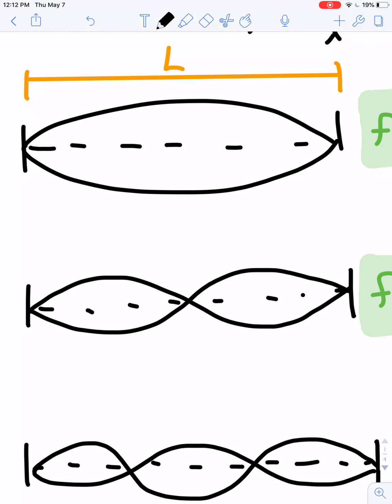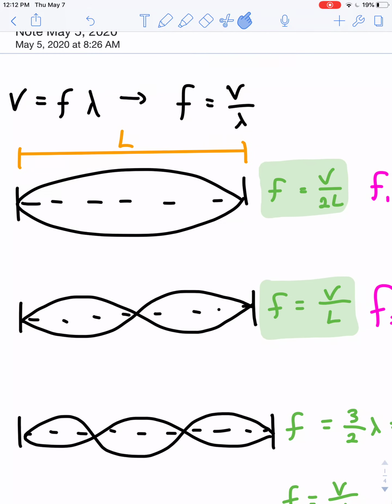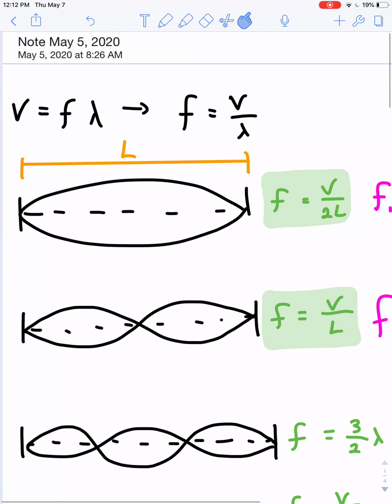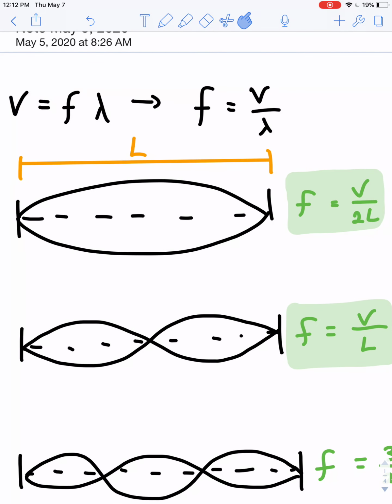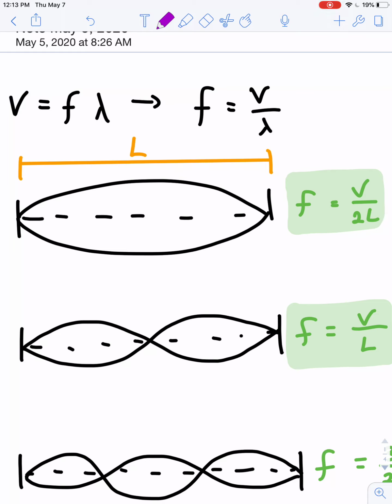All right, so we have the frequency for the first one. This could equal the velocity divided by 2L. Now 2 times the length, for our first one, let me indicate number 1 here. We'll go 1 right here, 2, and 3.